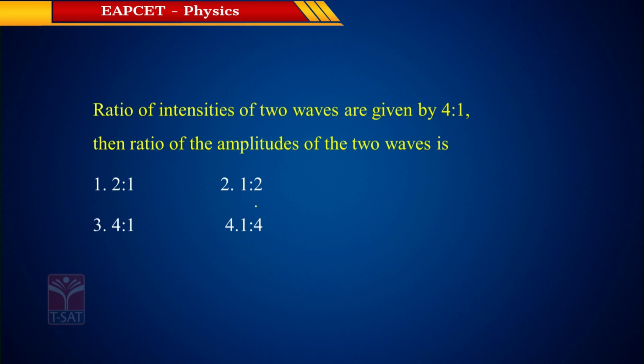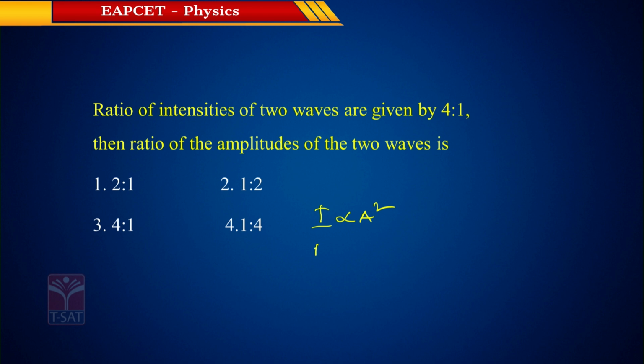Okay, and next, the ratio of intensities of two waves is given by 4:1. The ratio of the amplitudes of the two waves is? Here you know that the intensity is directly proportional to the square of the amplitude.